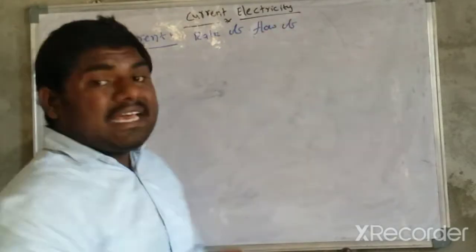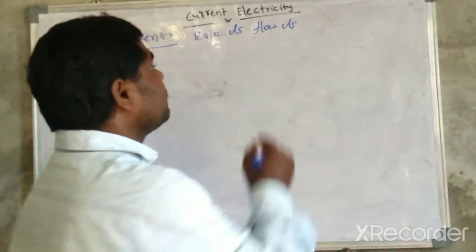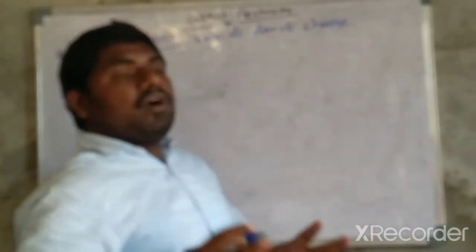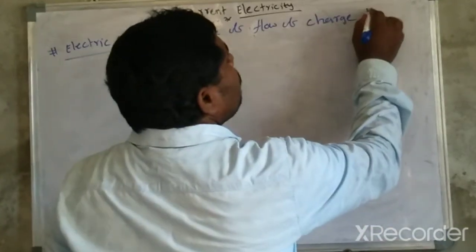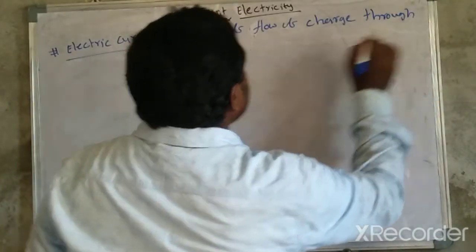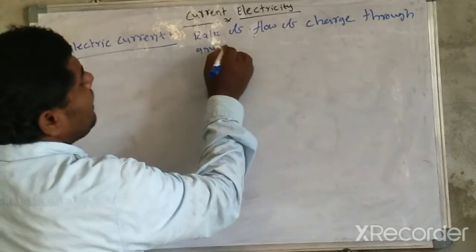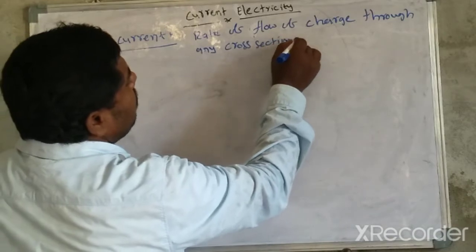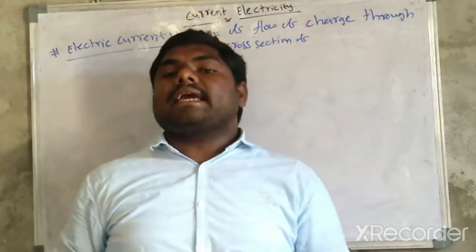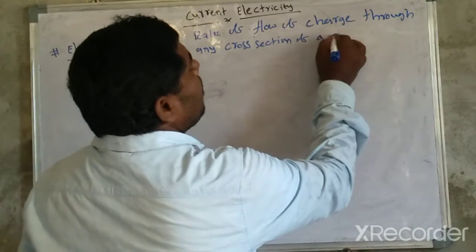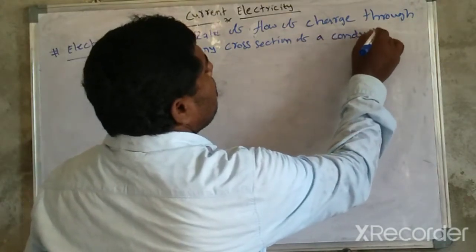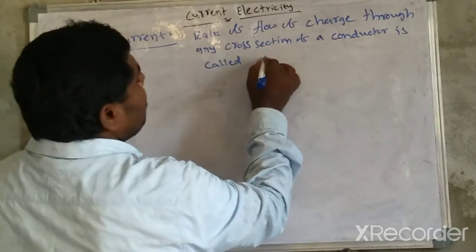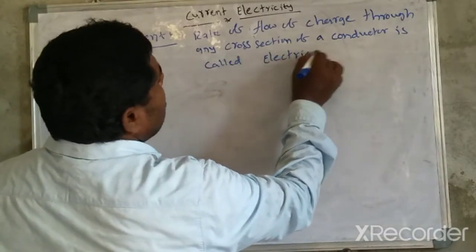Rate of flow of charge through any cross section of a conductor is called electric current.